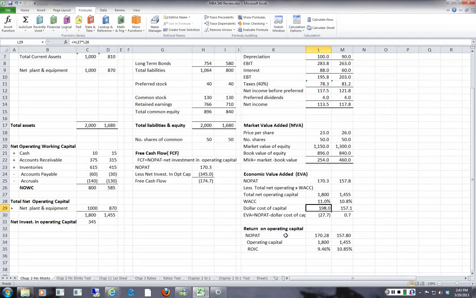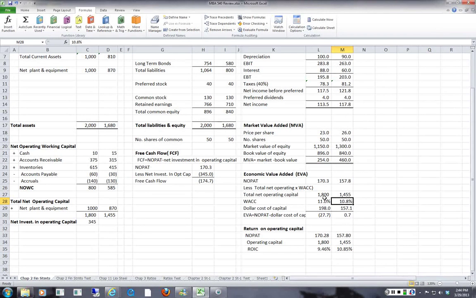So the return on operating capital is 9.46. It needs to be what? It needs to be 11%. And down here in the preceding year it is 10.85%. And what does it need to be? 10.8%, so it beat that situation.